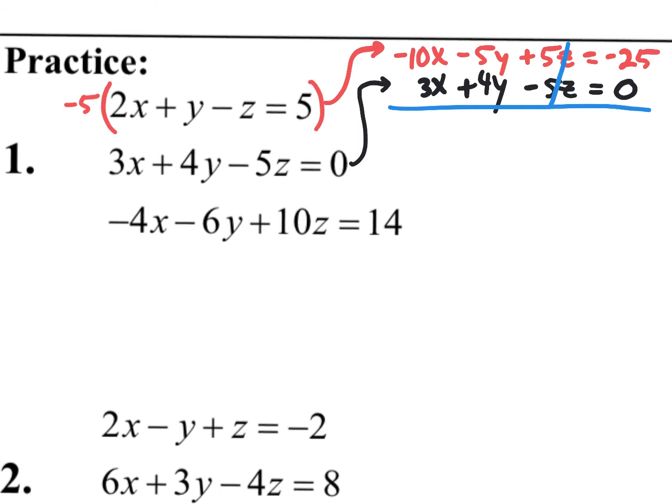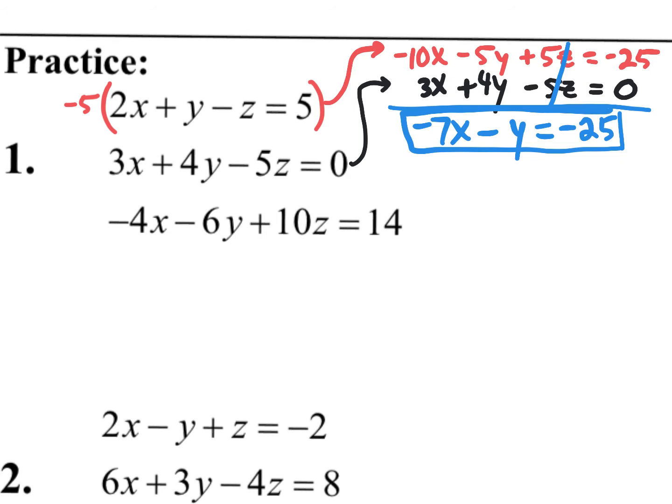I have a negative 7x, I have a negative 1y equals negative 25. Now this, I'm going to box this in, and I am going to label it new equation number 1. And ladies and gentlemen, that is step 1.